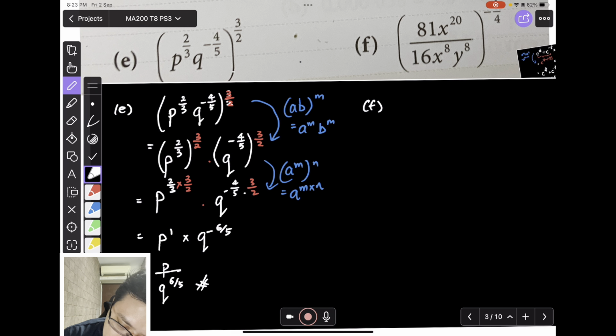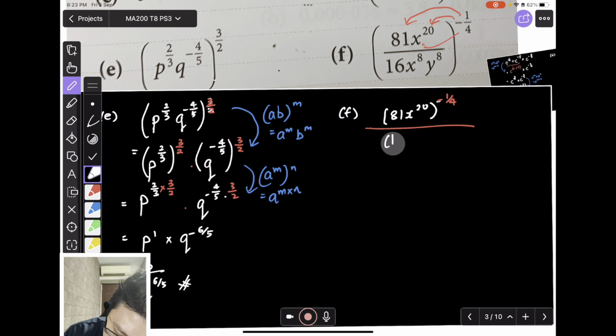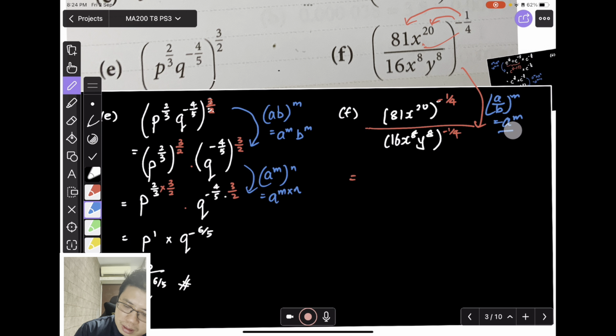Now part F, let me just write it down. Again, I can also push in my negative power into all of them, alright, into all of them. So this is the same as 81 x to the power 20 to the power negative 1 over 4, over 16 x to the power 8, y to the power 8, to the power of negative 1 over 4. Okay, so why am I doing this? It is because I know that (a over b) to the power m is the same as a to the power m over b to the power m.